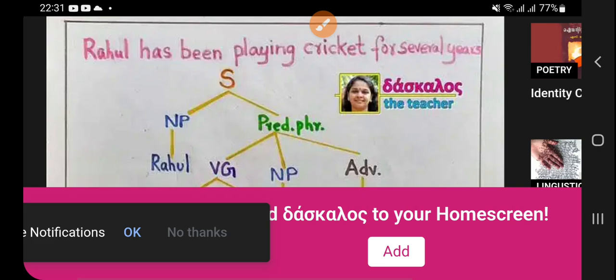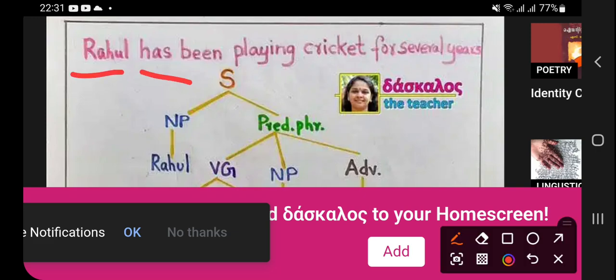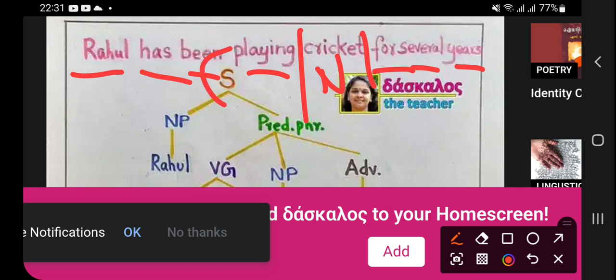Now, an example. Rahul has been playing cricket for several years. Of course, this is a sentence.